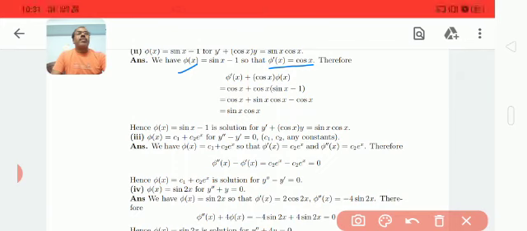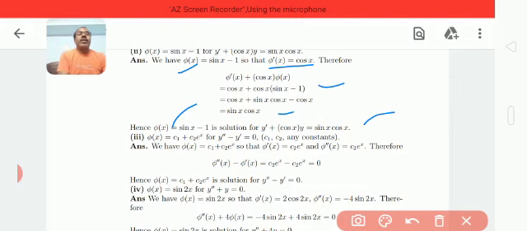So after plugging the values, you will get this expression, and if we simplify it, finally you will have right hand side as sin x into cosine x. So that means the given function satisfies the differential equation y dash plus cos x into y is equal to sin x cosine x, and therefore the function phi of x is a solution of this non-homogeneous differential equation.